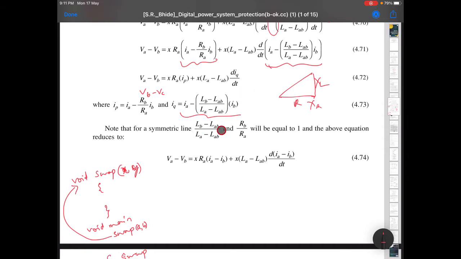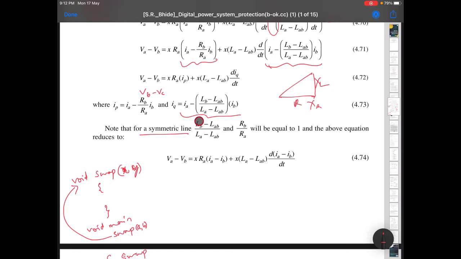What you have to note here is one more thing. For a symmetrical line, this term LB minus LAB and LA minus LAB, symmetrical means what? Voltage and currents in all the three phases are almost the same. In that case, inductance between LAB will be the same, and self inductance will also be the same.